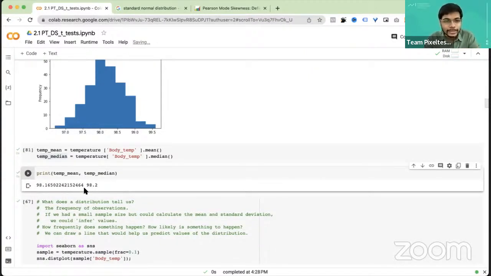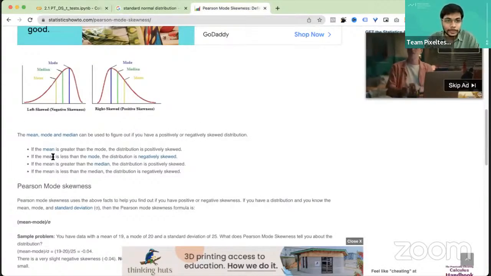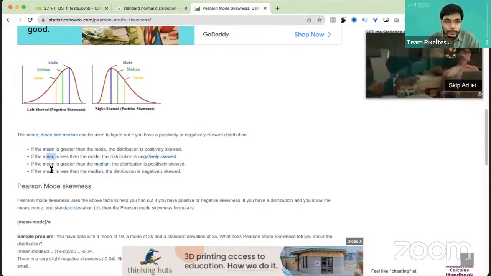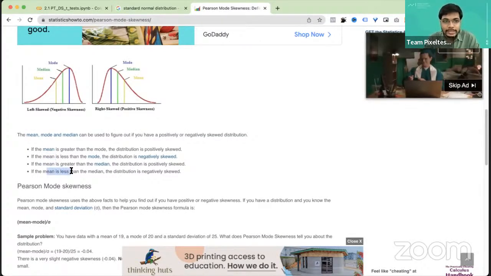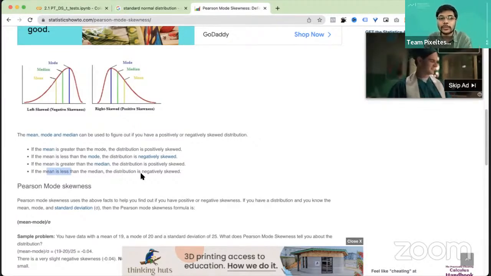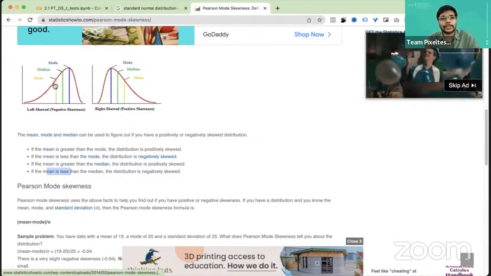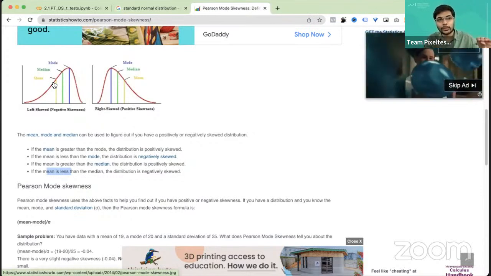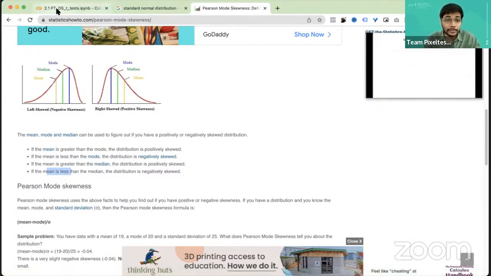Now you can see that there's a very slight deviation here. The mean is slightly lesser than the median. So if we come to the graph here, we have a mean and median example also. The mean is less than the median, so the distribution is negatively skewed. It is slightly flatter towards the left side.